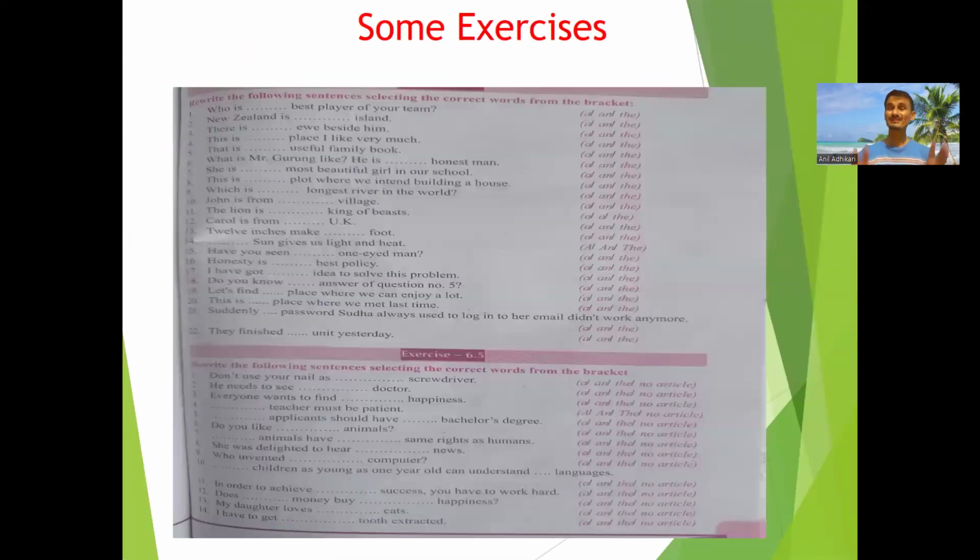Now, guys, you have studied so many rules of indefinite article a or an and definite article the, and here are some exercises for you. Rewrite the following sentences using correct words from the bracket, choosing the appropriate article.